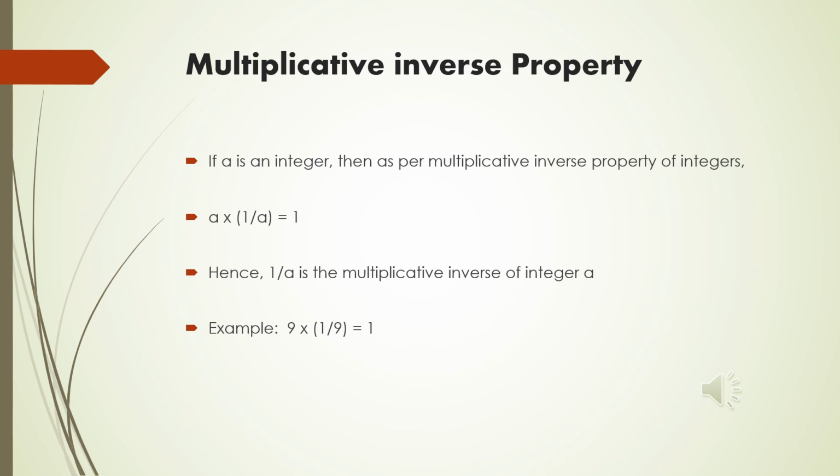The sixth property we will be discussing is the multiplicative inverse property. This property states that if a is an integer, then a into 1 by a should be equal to 1. Hence 1 by a is the multiplicative inverse of the integer a. Example, 9 into 1 by 9 is equal to 1.